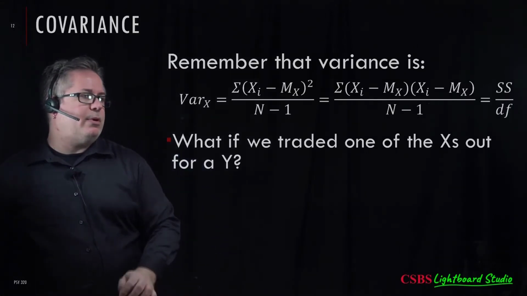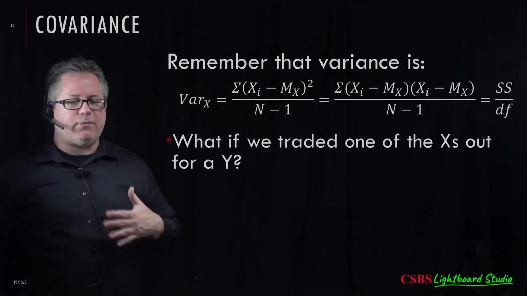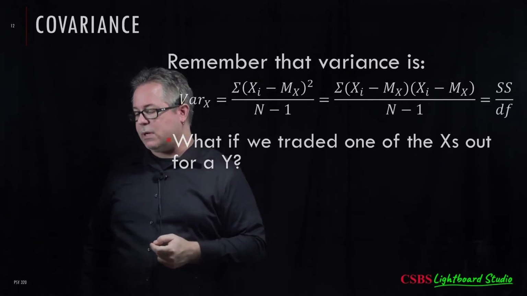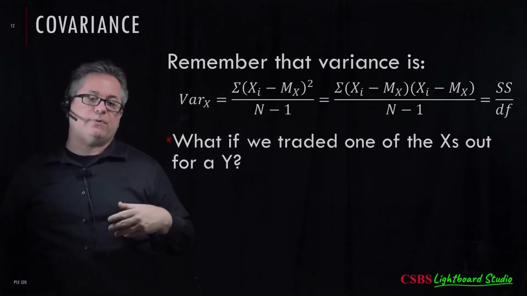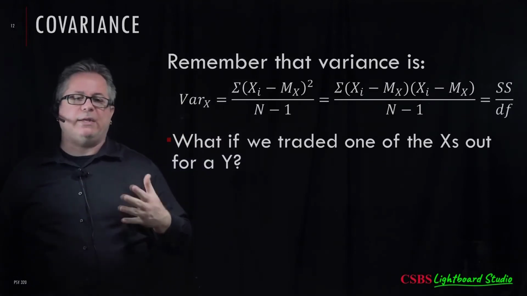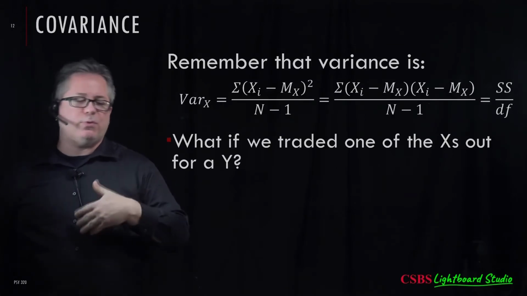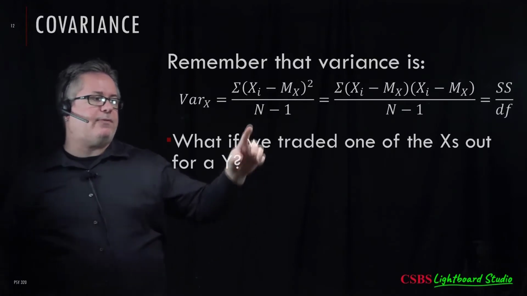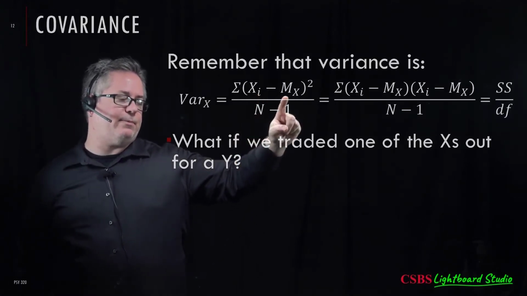So let's remember what variance is, right? We've talked about variance a number of times. We talked about it in descriptive statistics early on. We talked about it in terms of the analysis of variance. And we sort of defined it in different ways, the variance between groups and within groups and total and all this other stuff. Let's go back to the simple version where you have each individual around a mean.